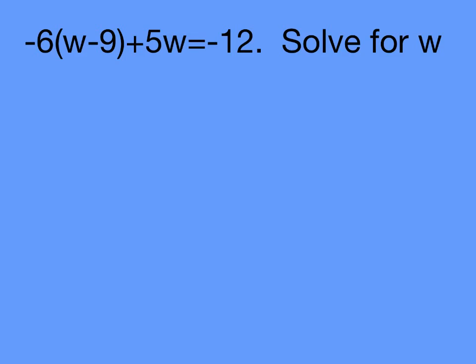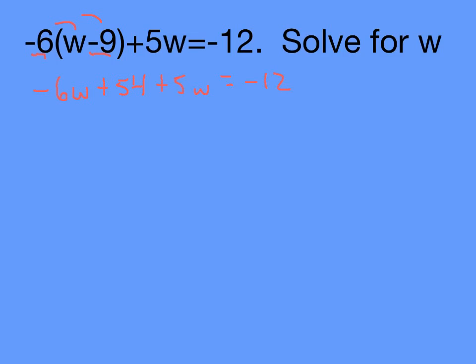Solve for w. Again, first, we want to use that distributive property. So negative 6 times w. This time think about taking negative 6 times negative 9 to get a positive 54 plus 5 times w equals negative 12.